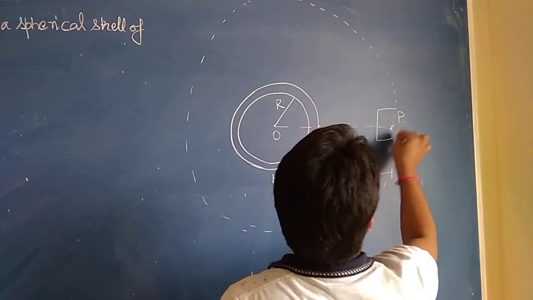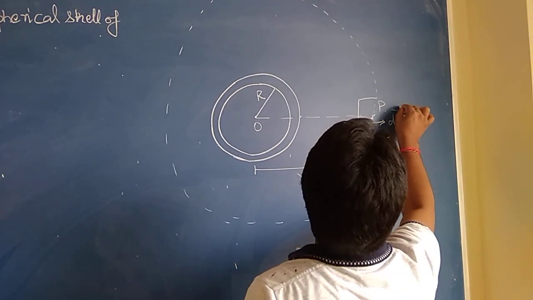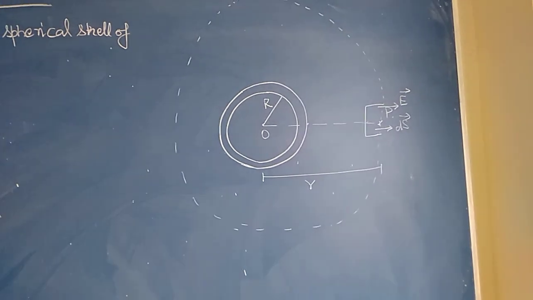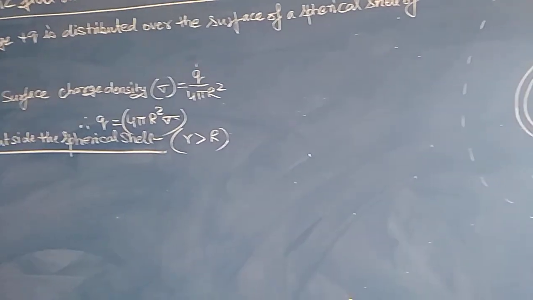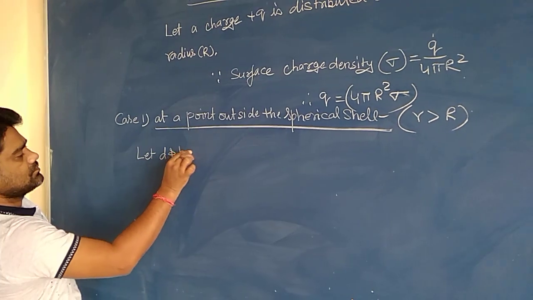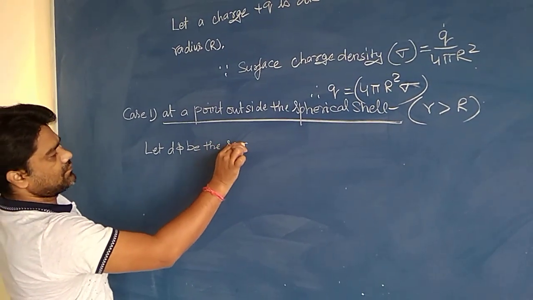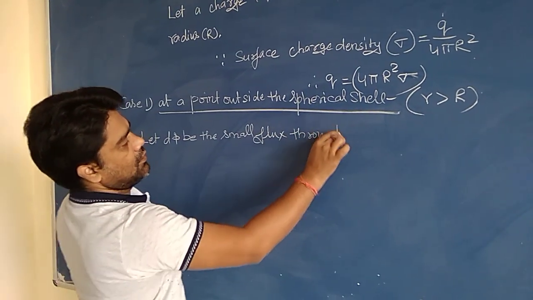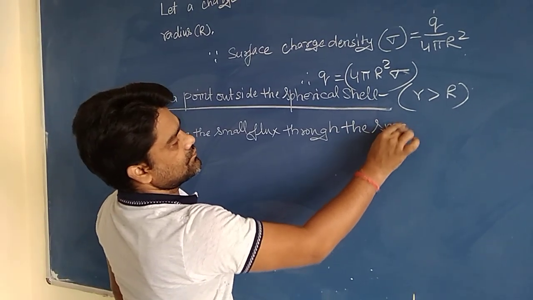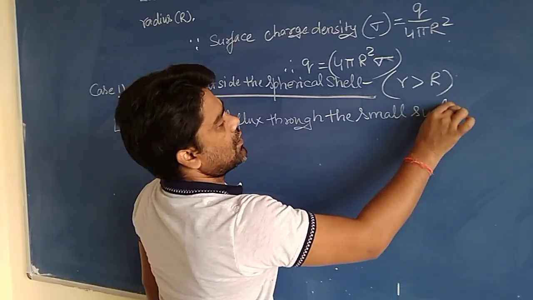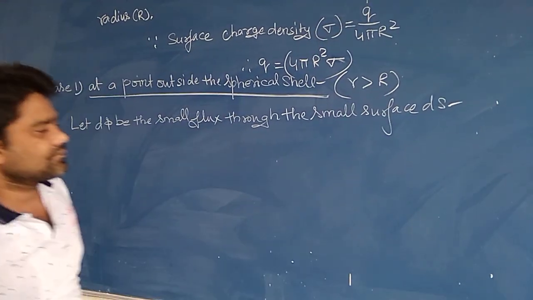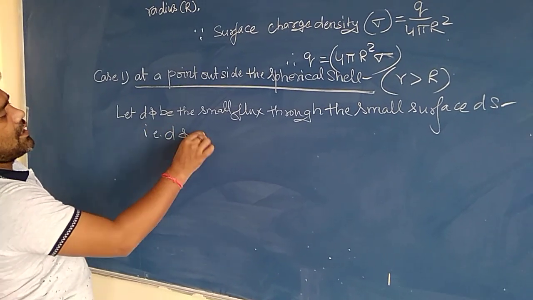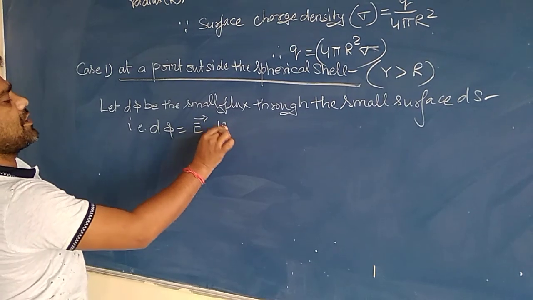Now we are taking a small surface ds and the direction of the electric field at this point, vector E. Let d phi be the small flux through the small surface ds. d phi equals vector E dot ds.